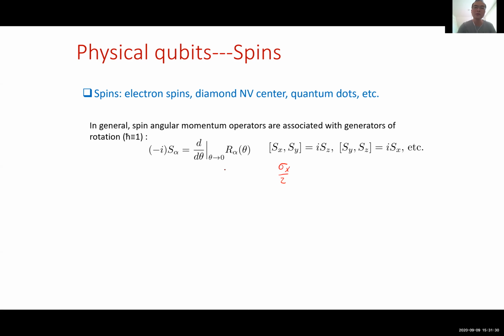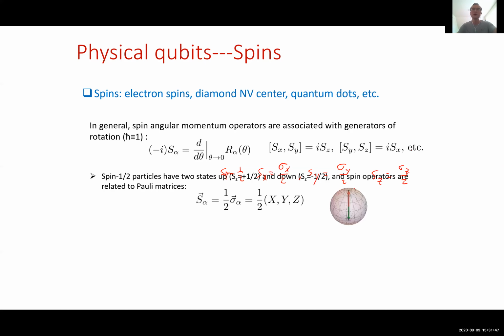For spin, this is called spin 1/2. Sx is sigma x over 2, Sy is sigma y over 2, Sz is sigma z over 2, etc. This is a special case, but in general, you will use S to denote the angular momentum. And they have these commutation relations. And in terms of a qubit, you can easily represent it by the Bloch sphere.